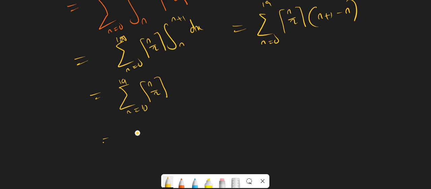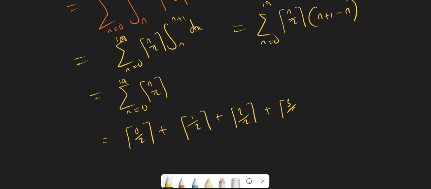You will get, first of all, the ceiling of 0 over 2, then plus the ceiling of 1 over 2, plus the ceiling of 2 over 2, then plus the ceiling of 3 over 2, and then plus up to the ceiling of 19 over 2.